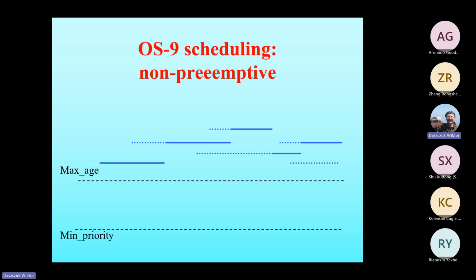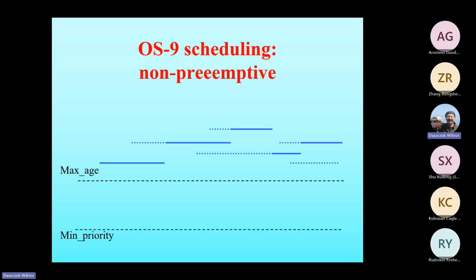And to save time, not to waste time on switching between processes, a non-preemptive method is used. That means that, let's look at this point.